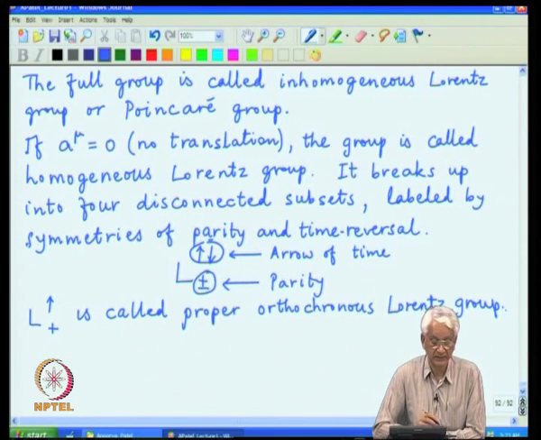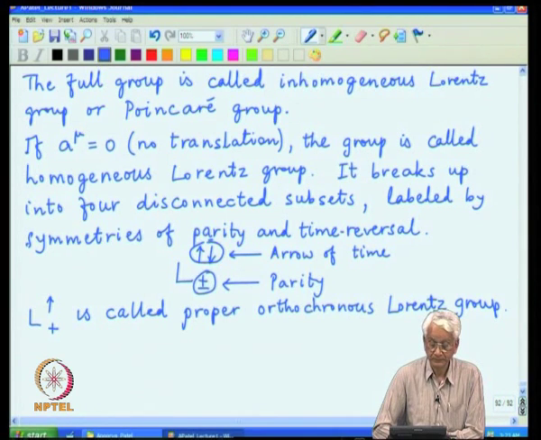It consists of the transformations which are continuously connected to identity, and the other sectors can be trivially obtained from this by multiplying by appropriate signs of parity or time reversal.